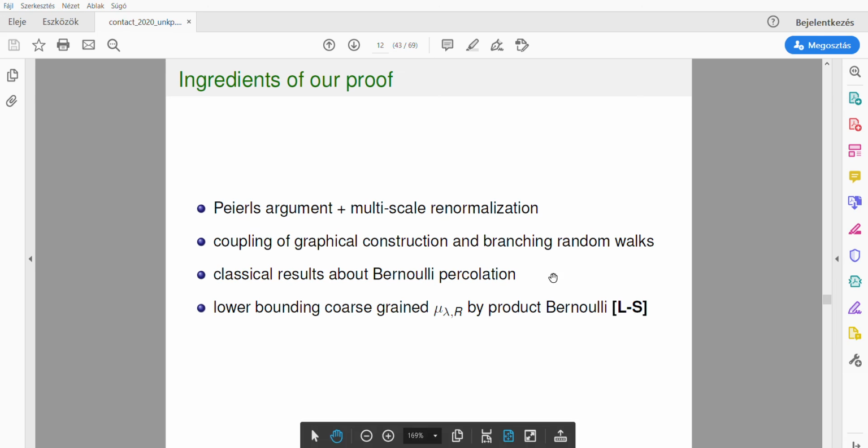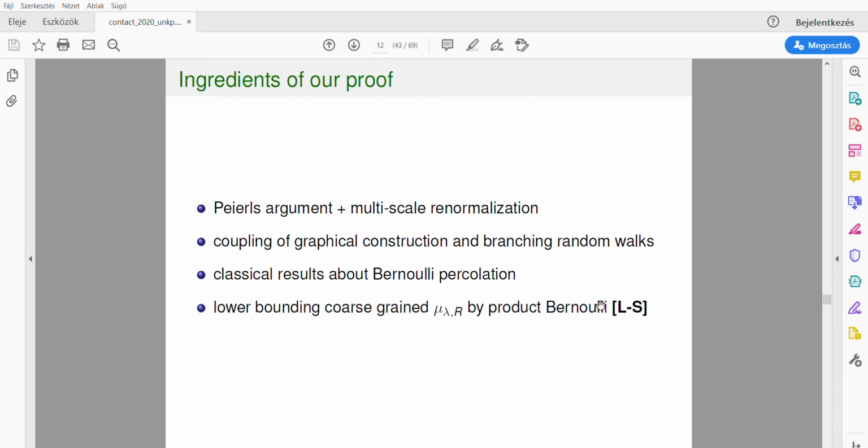So we actually do use a stochastic domination result, but we have to do a bit of coarse graining to be able to compare our upper invariant measure to product Bernoulli. But this is something that I will not talk about, though it takes up 20 pages of our paper.